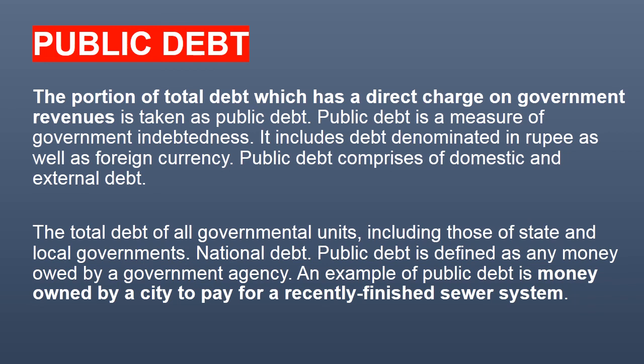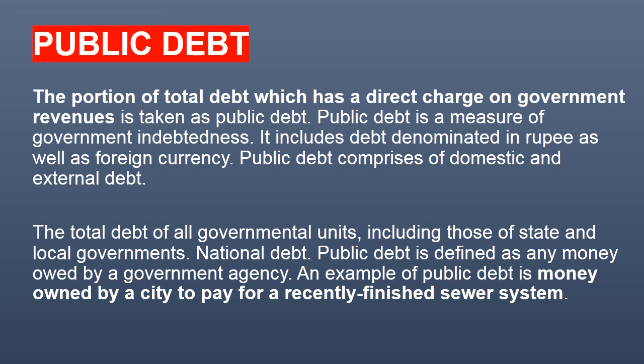Public debt. The portion of total debt which has a direct charge on government revenue is taken as public debt. Public debt is a measure of government indebtedness. It includes debt denominated in rupees as well as foreign currency.